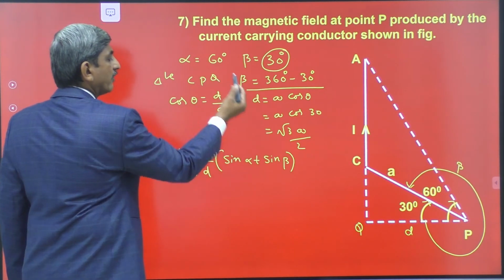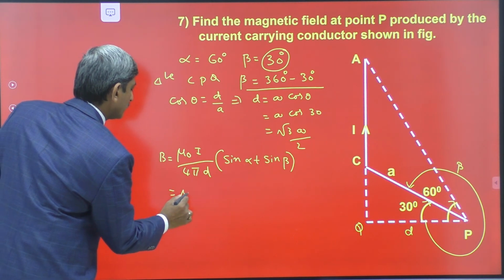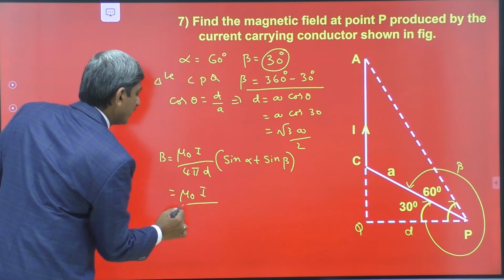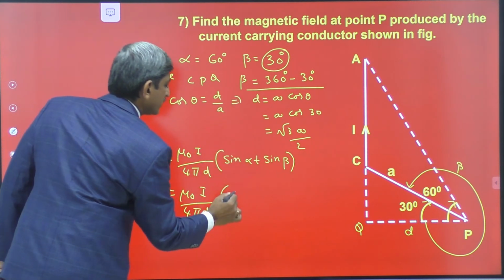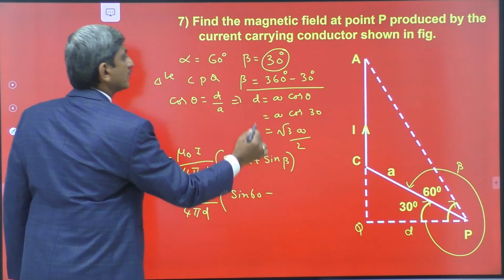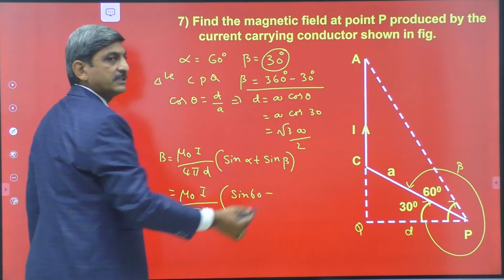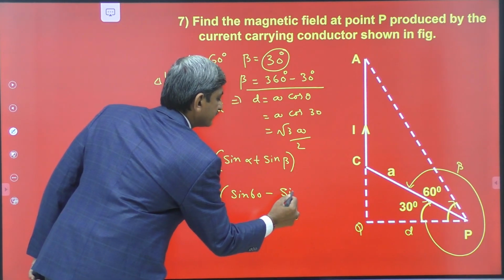Now by substituting alpha value and beta value in these equations, we have B is equal to mu naught I divided by 4 pi d into sin alpha is equal to sin 60 and sin beta is equal to sin 360 minus 30. Sin 360 minus 30 is equal to minus sin 30.